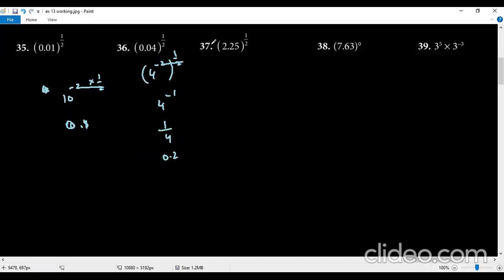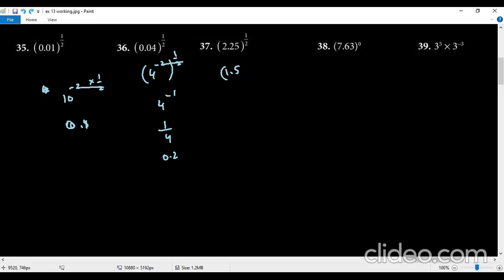Next is 2.25. That means 0.5, 0.05, or you can say 1.5 square, 1.5. 1.5 square means 2.25, and 2.25 is going to have a power of 1 over 2.